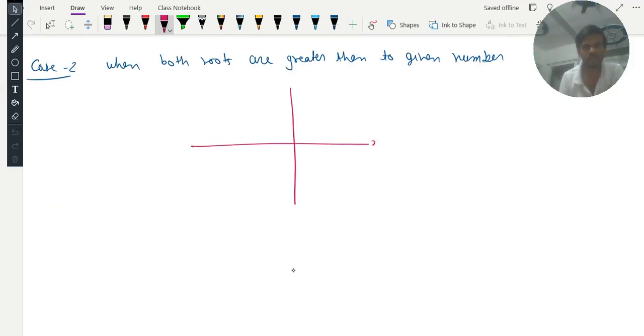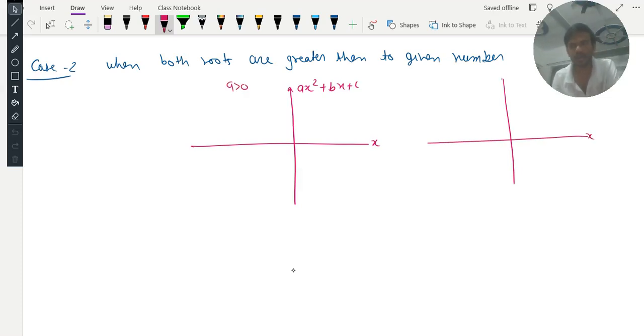This is x, and this is ax square plus bx plus c, and this is for a greater than 0, and this is ax square plus bx plus c, and this is the x-axis, this is the origin, and this case is for a less than 0.